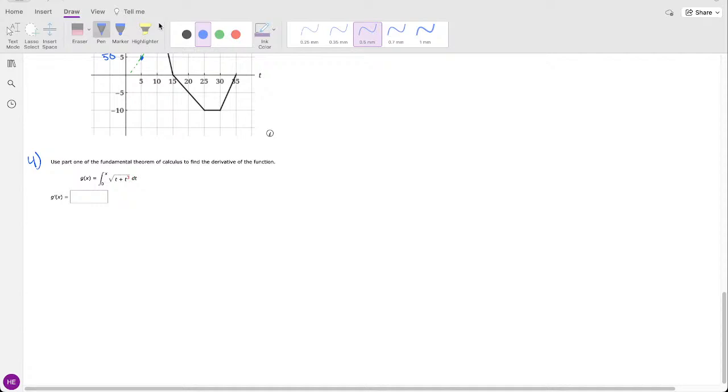So that is saying that g prime of x equals f of x. Okay?